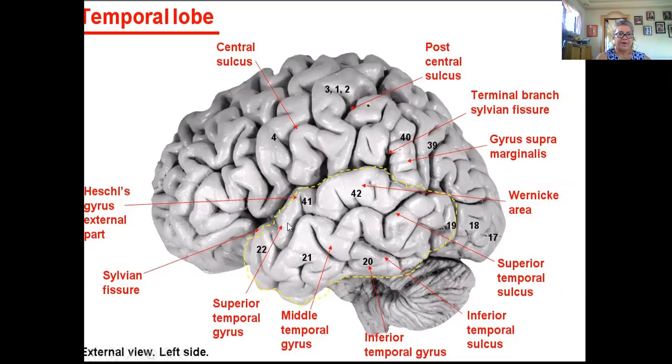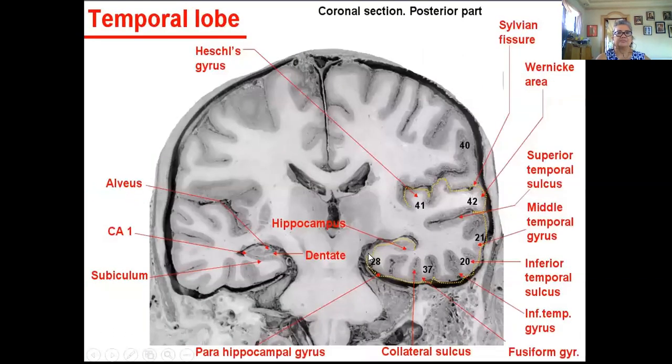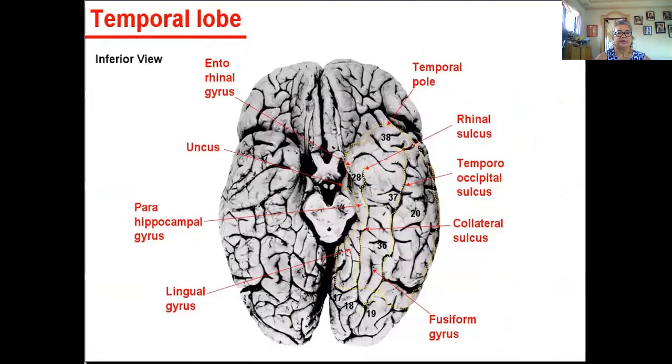So you have the superior temporal gyrus, the middle temporal gyrus, and the inferior temporal gyrus. So this is the basal portion, and you can see here on this area will be the basal portion of your temporal lobe.